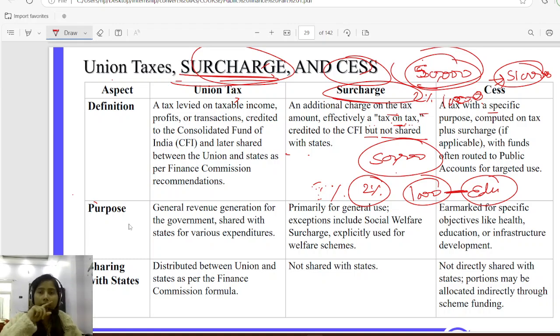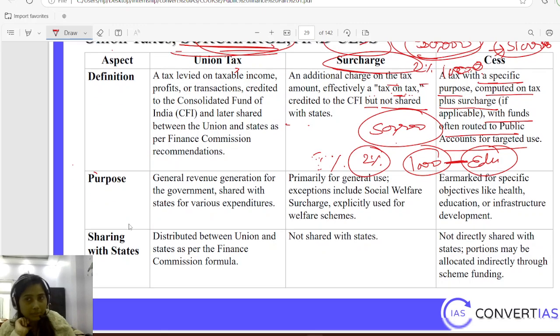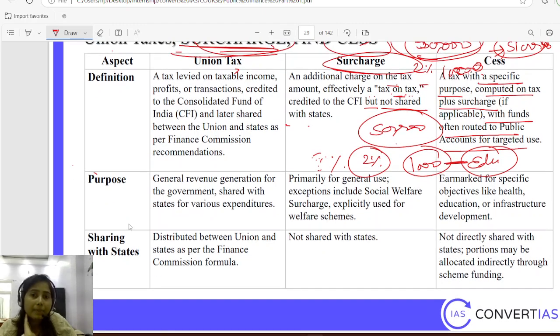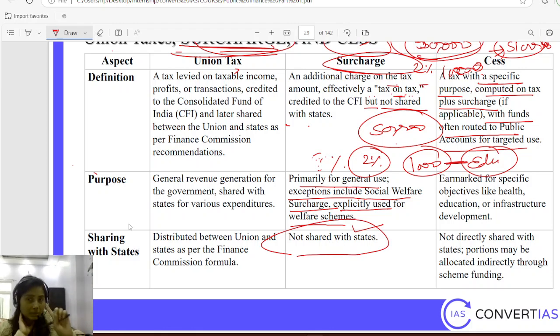It is a tax with a specific purpose, computed on tax plus surcharge, with funds often routed to a public account for targeted use. Surcharge is primarily for general use, with exceptions such as the social welfare surcharge, explicitly used for welfare schemes. Try to remember that whatever amount you get in surcharge or cess will not go into the state government's account.